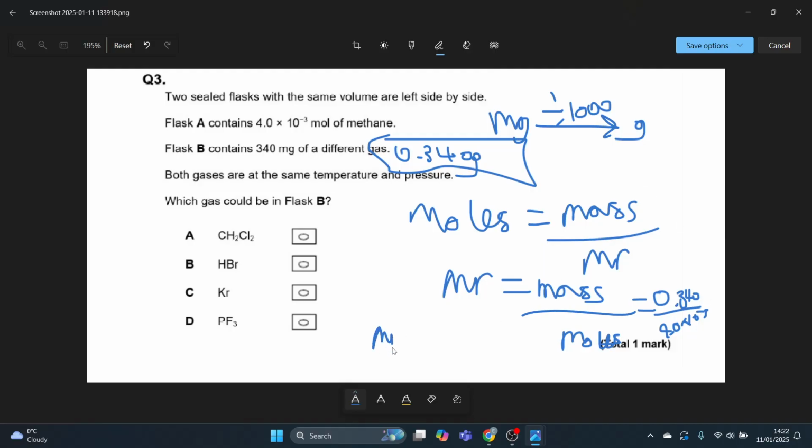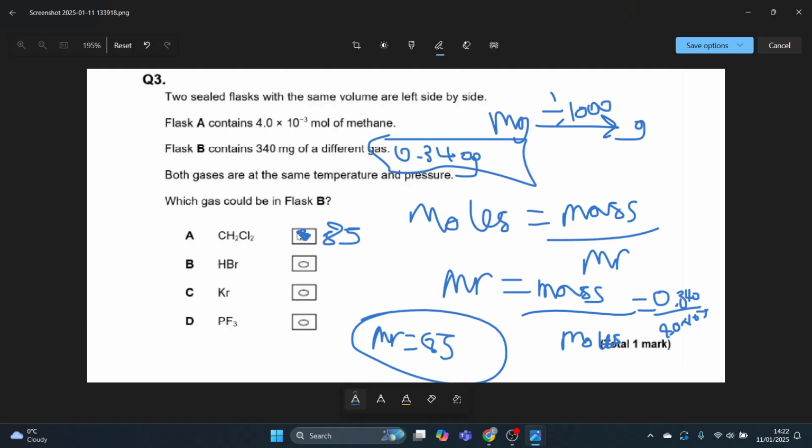MR equals 85. And therefore all I have to do now is find out the one which has an MR of 85. In part A it's 12 plus 2 plus 35.5 plus 35.5. That is 85. Therefore the gas in flask B could be that.